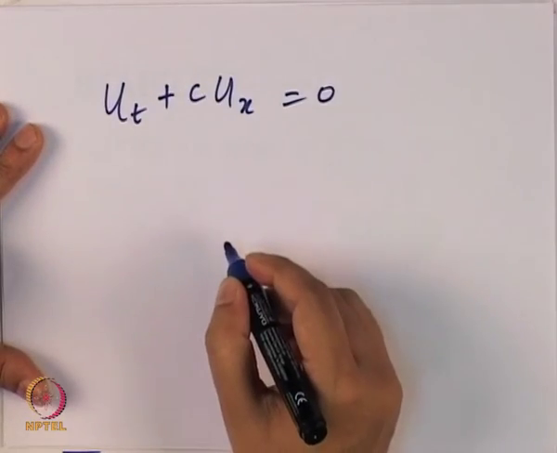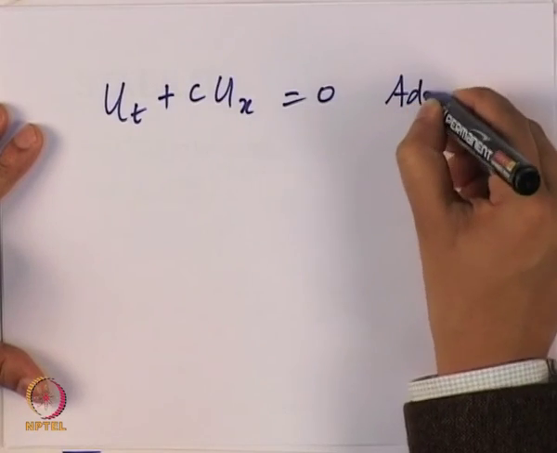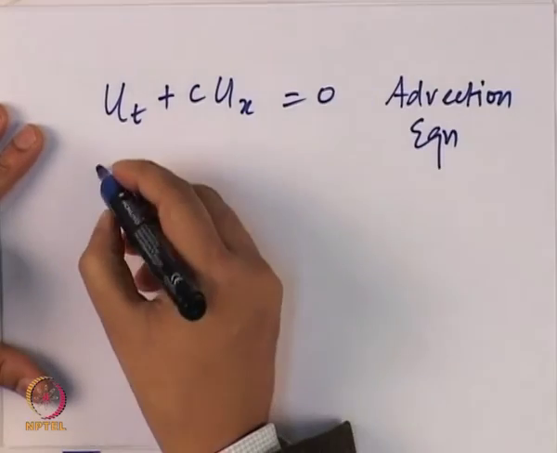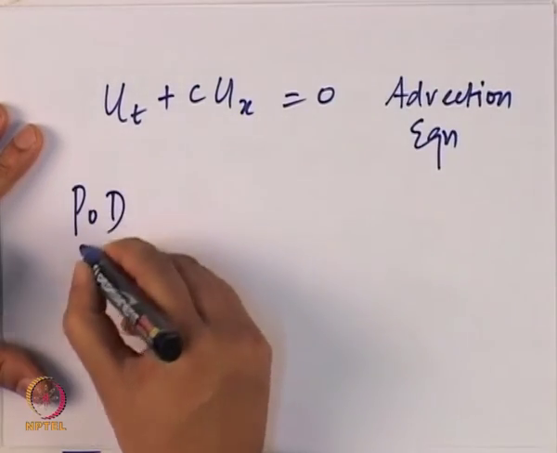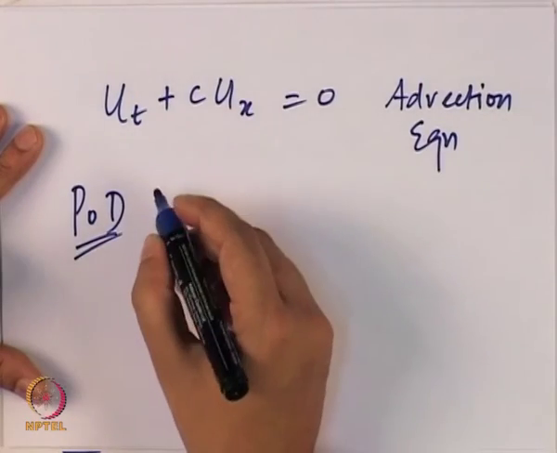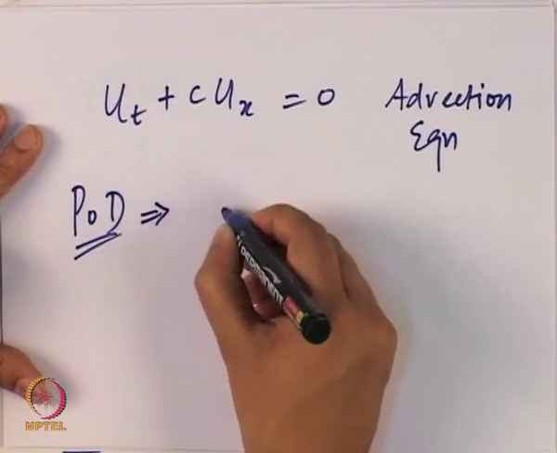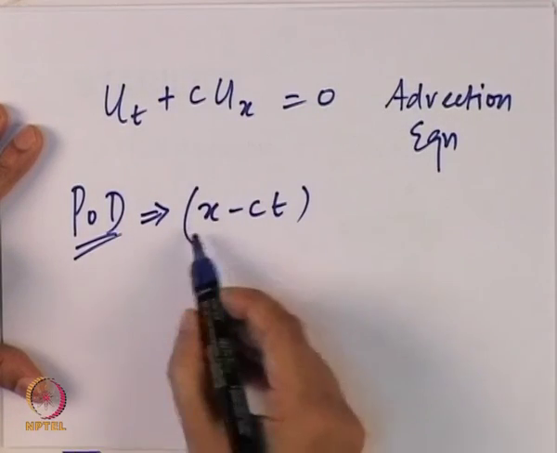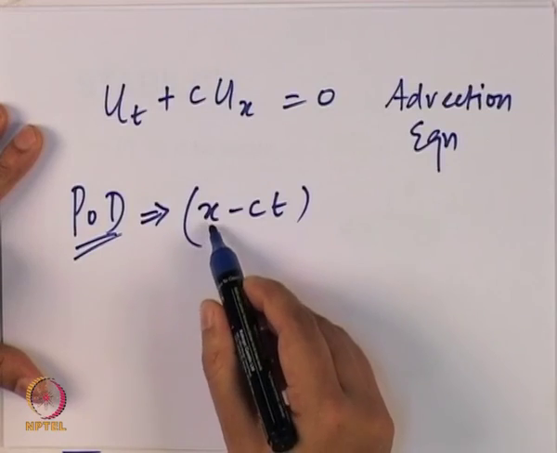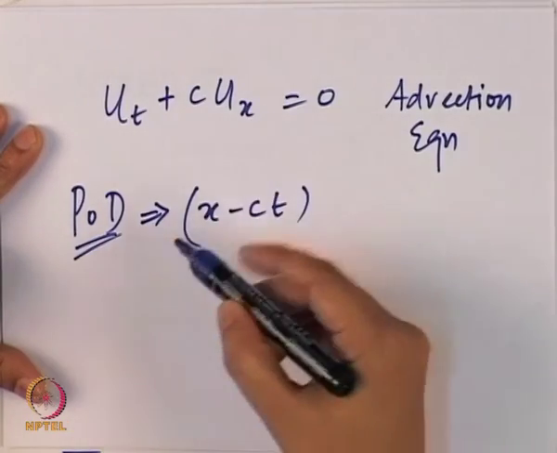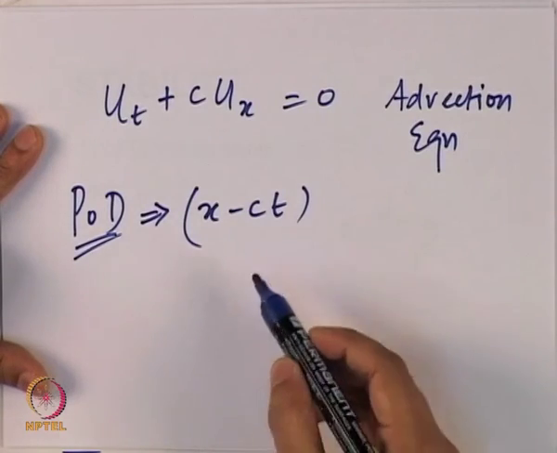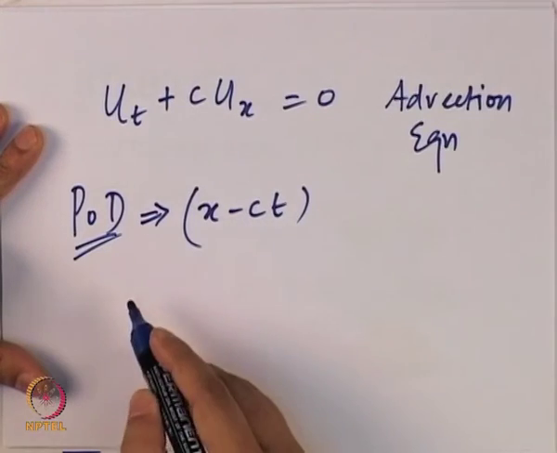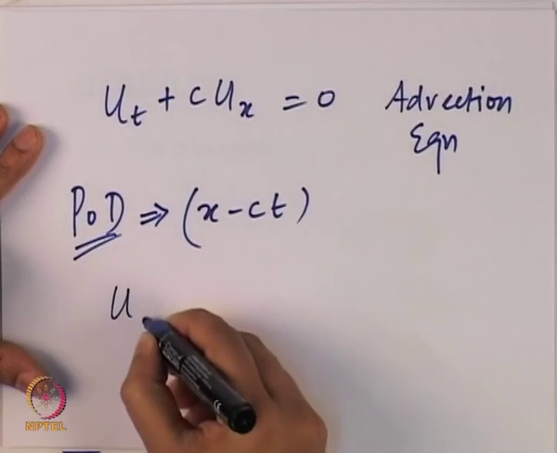This is a simple advection equation, and I know the physical domain of influence, PDOI, is given by the value x minus ct. So x minus ct will be the way the field is basically moving, the solution is propagating. For a given x, for a given t, it will propagate with the velocity c, and this is what it is going to be.